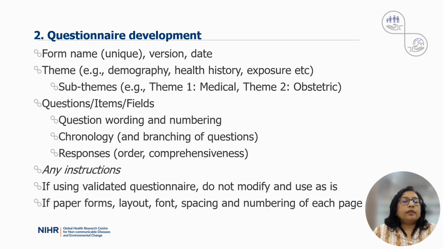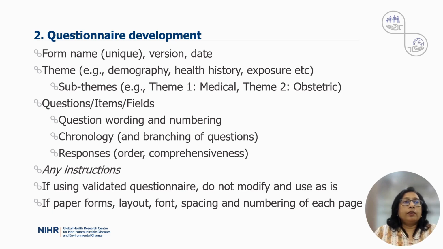The last aspect is, if you are going to develop a questionnaire on paper and you're going to administer it on paper, then the layout, the font of the letters, the spacing between 2 questions, and the numbering of the questions or numbering of each page becomes extremely important. So when you are numbering each page, it's important to use the convention of, let us say there are 6 pages, you might number them as 1, 2, 3, 4, 5, and 6.